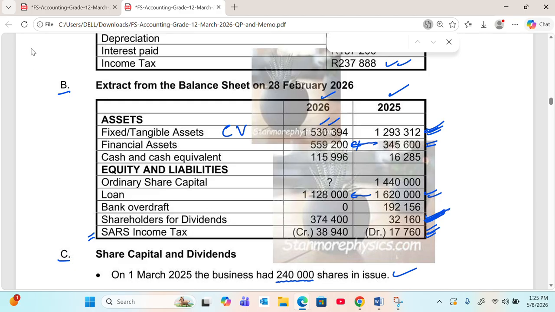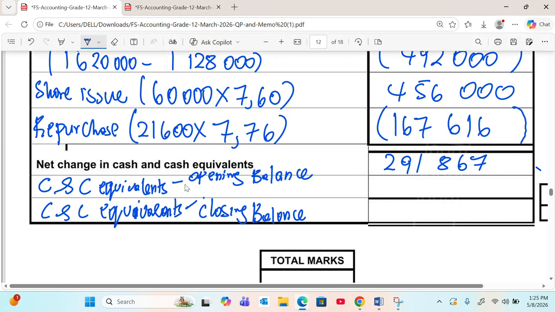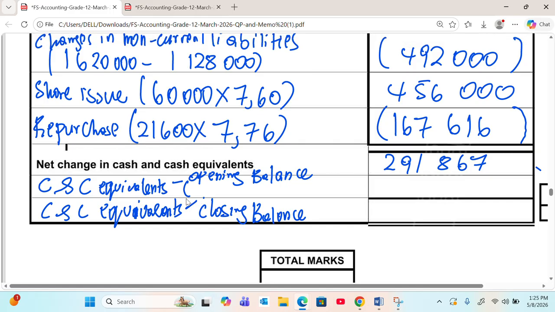So our cash and cash equivalent, guys, at the beginning, we have a minus balance of 192,156. It is a minus. You can even write minus 192,156. What happened? Let's go and check.